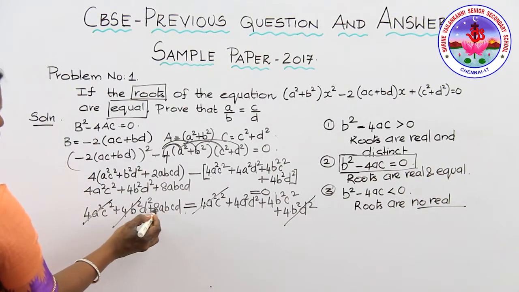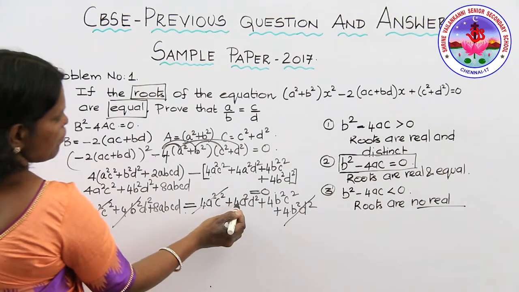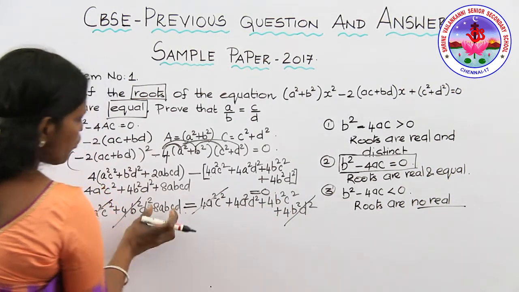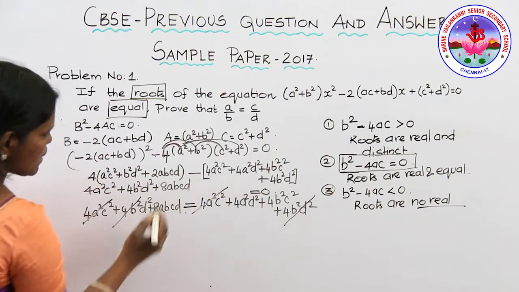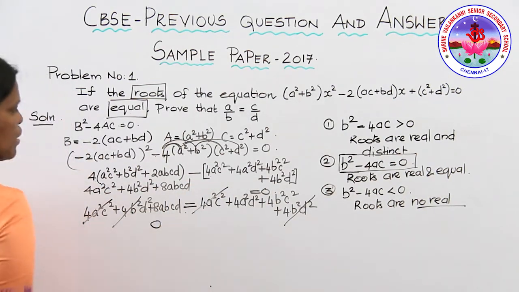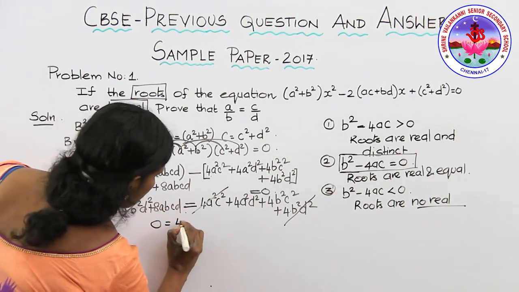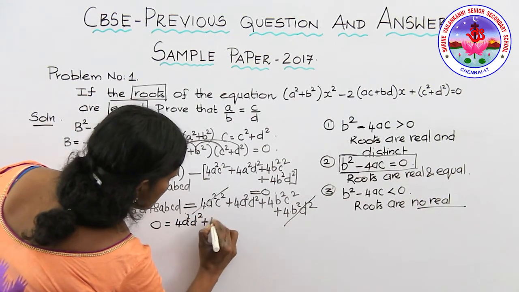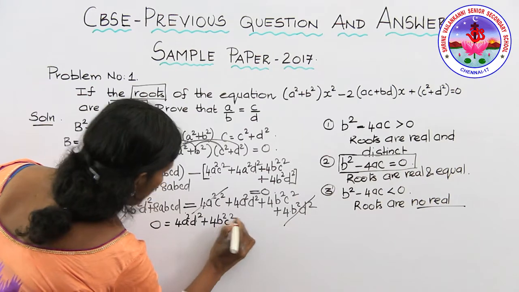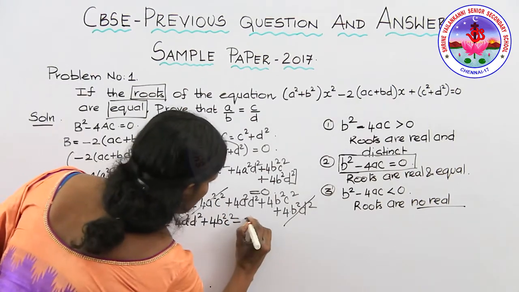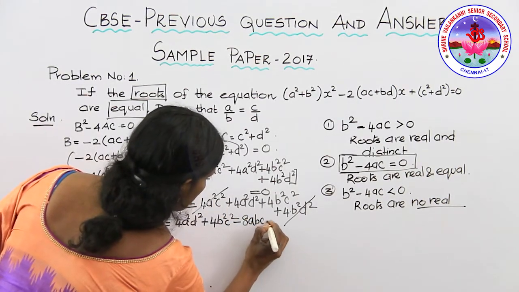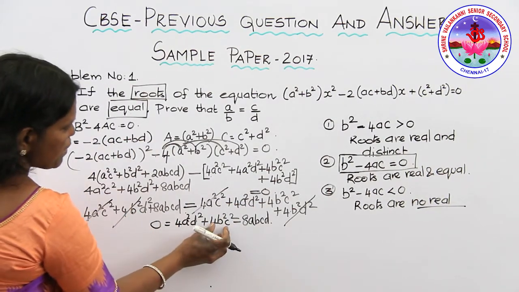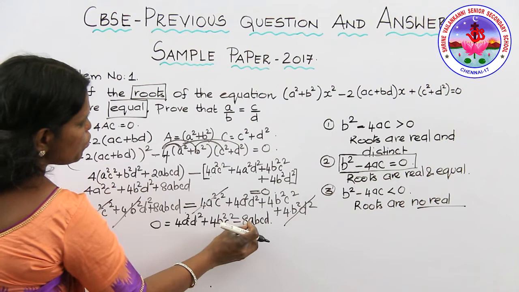I have remaining 8abcd. I am going to take this to the right side, so my left side becomes 0, which is equal to 4a squared d squared plus 4b squared c squared minus 8abcd. So this is of the form a squared plus b squared minus 2ab.